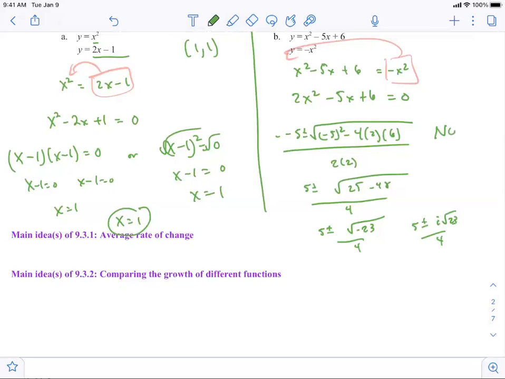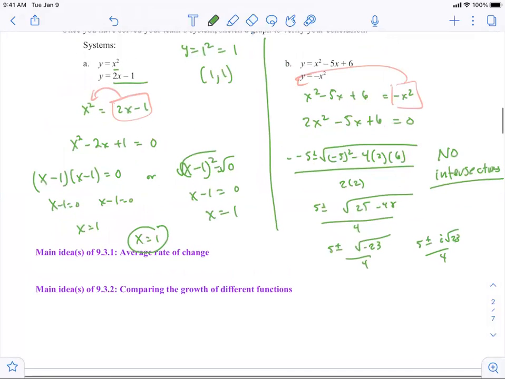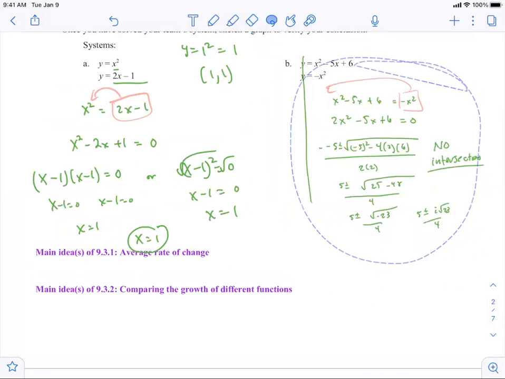So there would be no intersections. If you graphed it, there'd be no points of intersection.